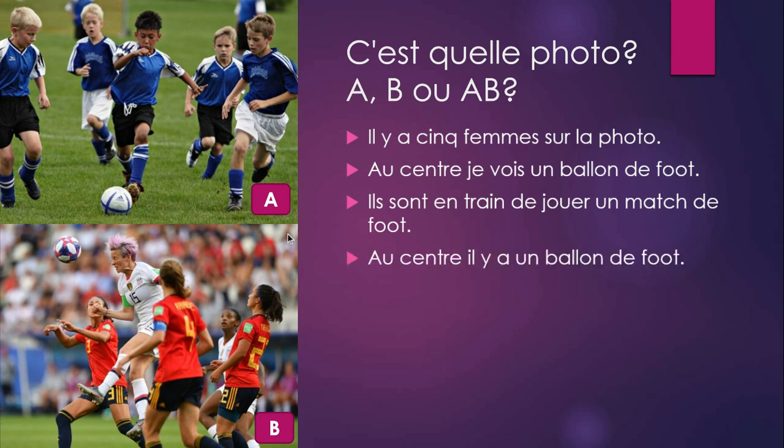Au centre, il y a un ballon de foot. A. Don't know why I've put that one twice in 2 slightly different ways, but there we go. See who is noticing, who is paying attention. Ils portent des maillots de foot. Both of them, maillots de foot are football kits.